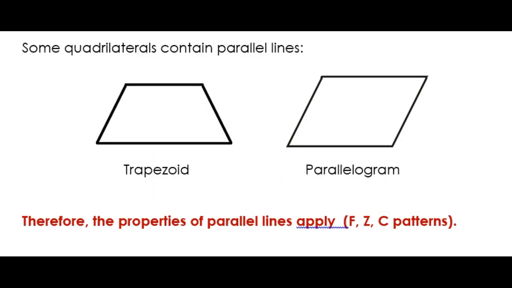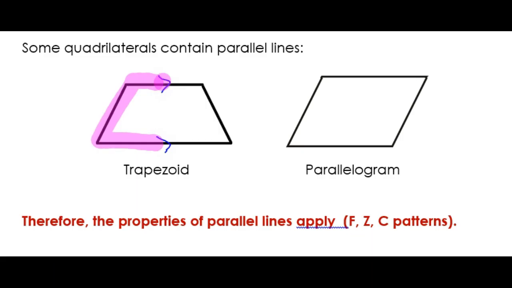Now I want to get into the specifics. So you may remember that a trapezoid has two lines that are parallel to each other. And so if that's the case, then we can use some of our properties of parallel lines to help us solve problems in this case. So the one that I see most often with trapezoids used is our co-interior angles, the C pattern.